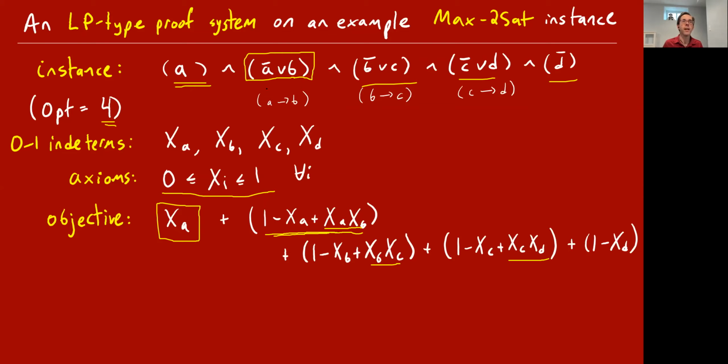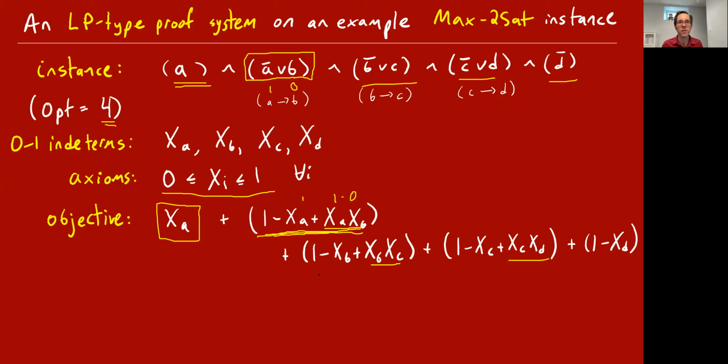And the point is that, in the unsatisfying case, if A is true, or 1, and B is false, or 0, the constraint is not satisfied. And indeed, here you get 1 minus 1 plus 1 times 0, which is 0. Okay, so the whole point of this degree 2 expression is that it captures whether or not this clause is satisfied.